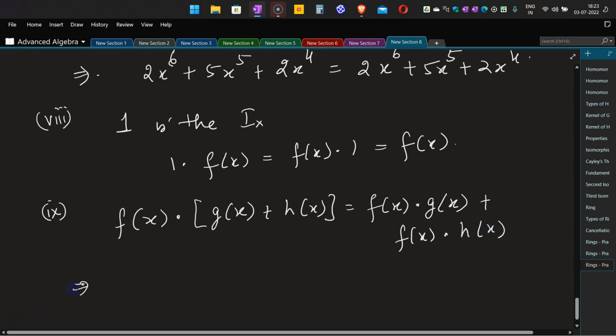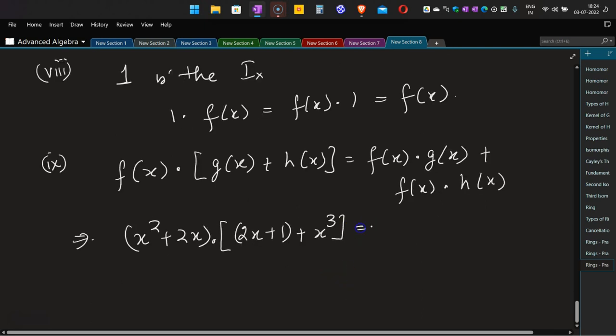Now here, what do we have? x square plus 2x times g of x is 2x plus 1 plus x cube. Now this should be equal to x square plus 2x times 2x plus 1 plus x square plus 2x times x cube.